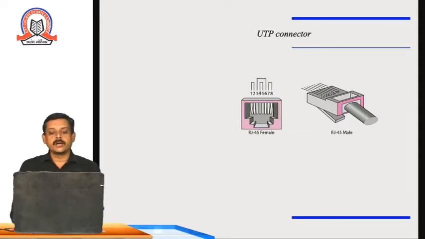UTP connectors are nothing but the RJ45 female and male connectors which you can easily see while networking or creating a LAN. You can see them in any basic home network, office network or the network created in your computer lab.